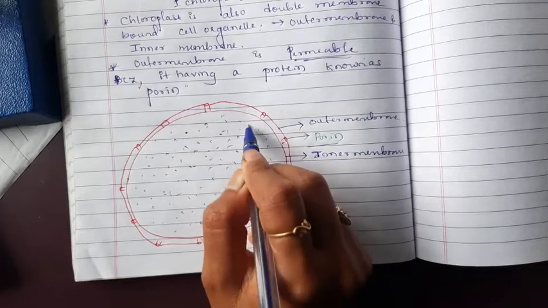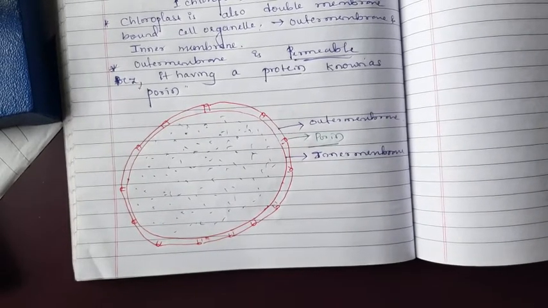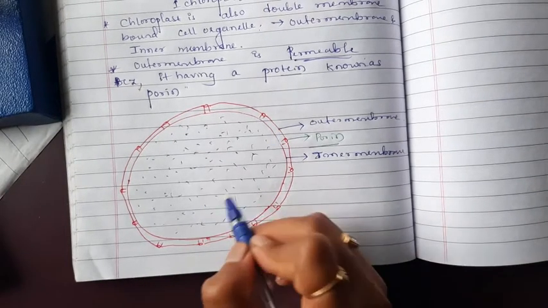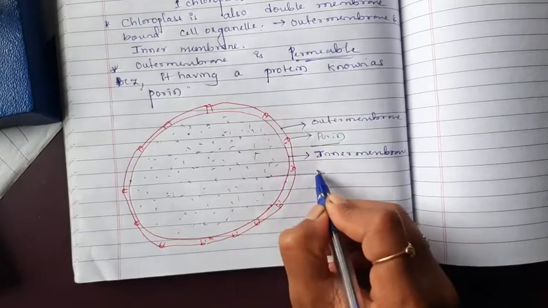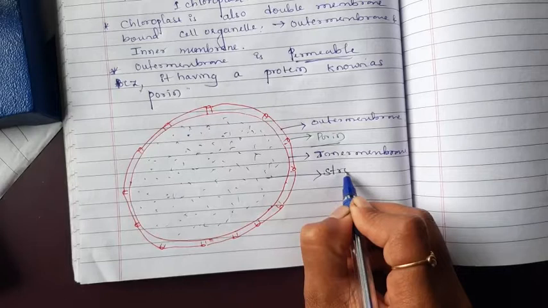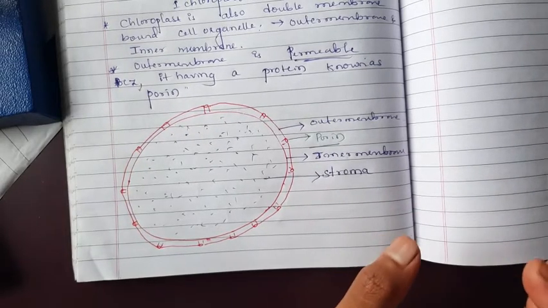Like that, the fluid filled matrix of the chloroplast is called the stroma.